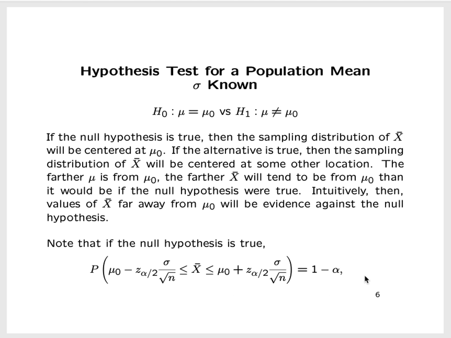This was one of the examples that we looked at at the end of that section. So we're quantifying the likelihood that x bar takes on a value between these two endpoints, and that probability is 1 minus alpha.